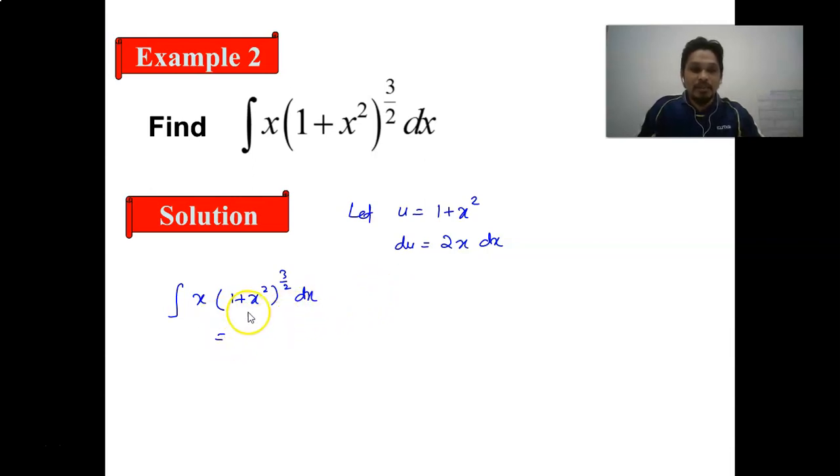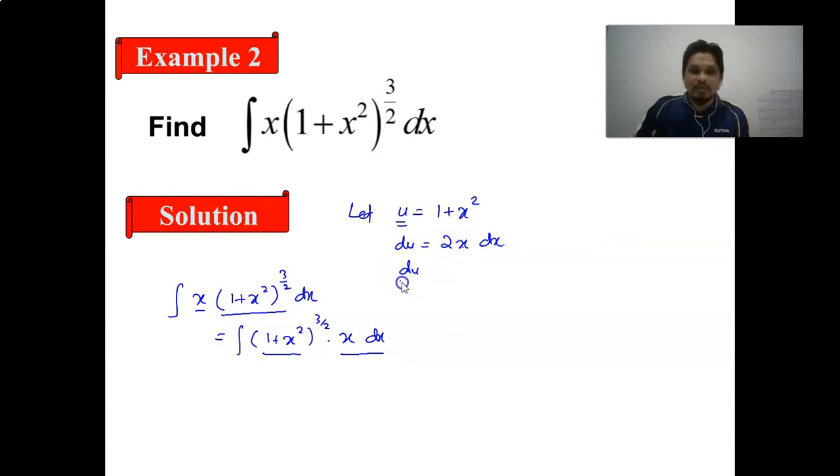As you can see, if I shift the position of these two, we have the integral of (1 plus x squared) to the power of 3 over 2, and then x dx. So we compare: 1 plus x squared equals u, and for x dx, what we have right now is 2x dx.